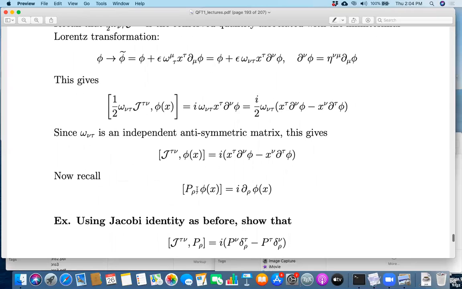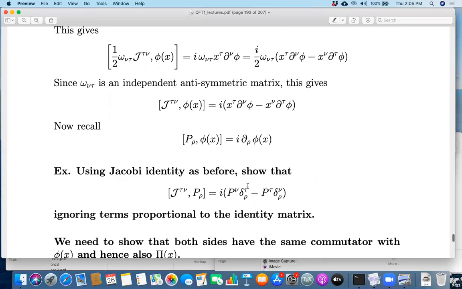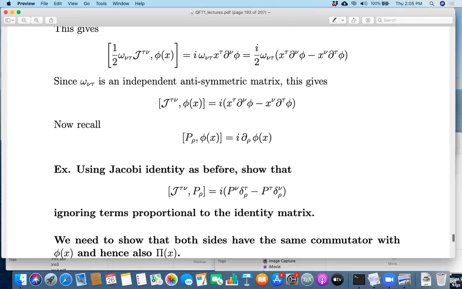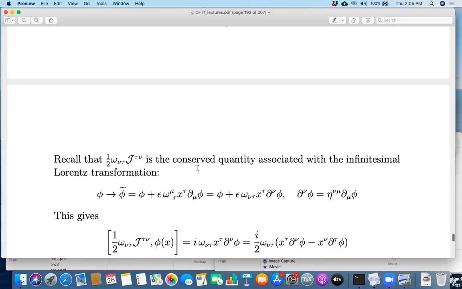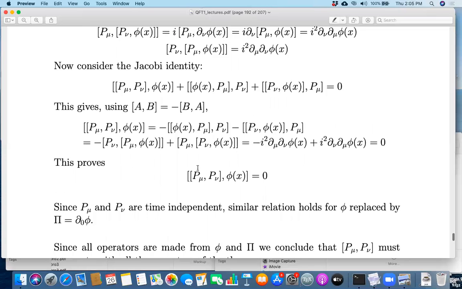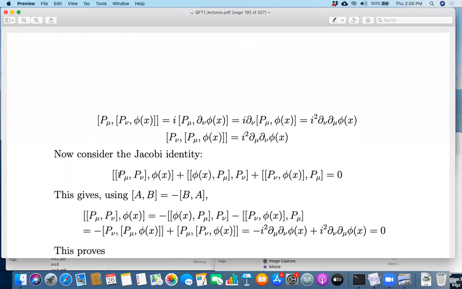Now let's recall the previous relation that we had. P rho with phi is given by i times the derivative of phi with respect to x rho. And you are now going to use the Jacobi identity as before, and this is left as an exercise. So earlier we used the Jacobi identity to calculate the P mu commutator.